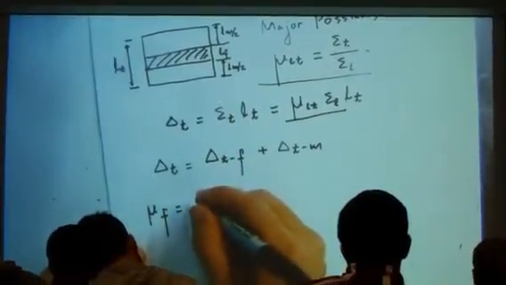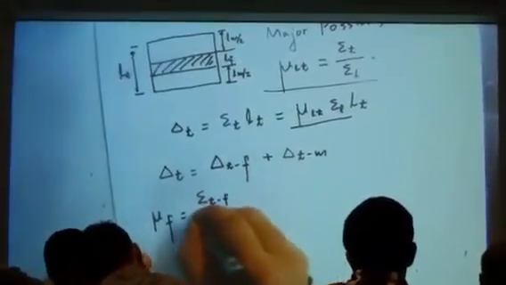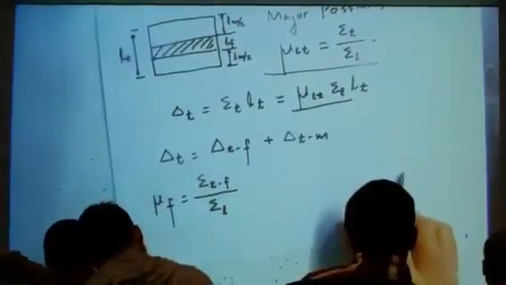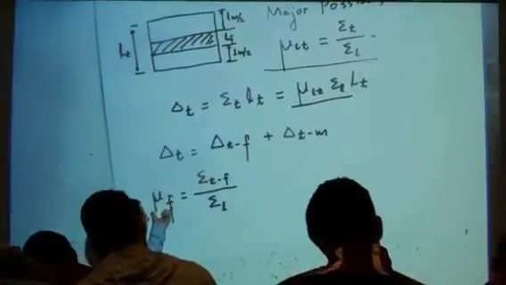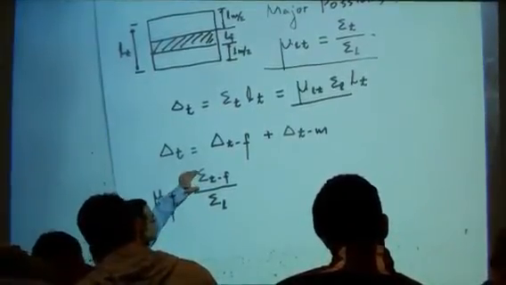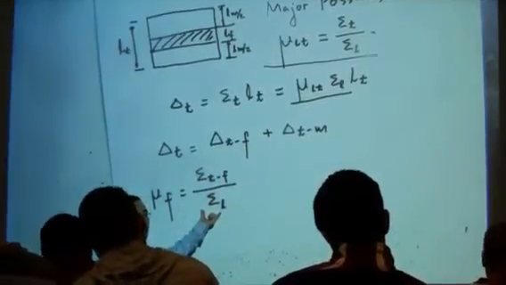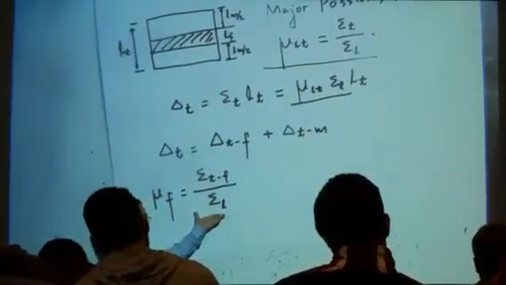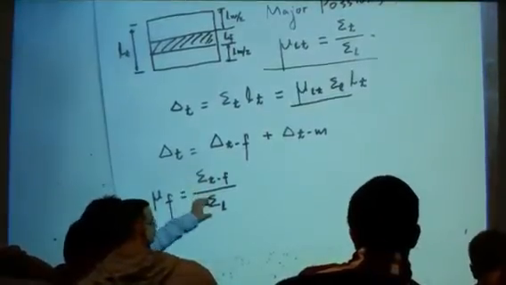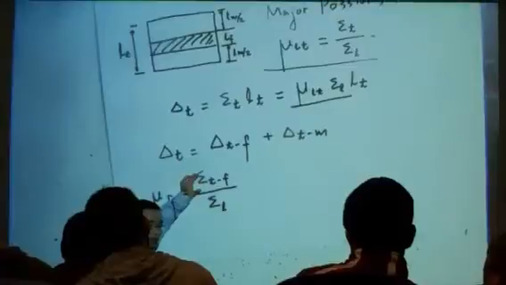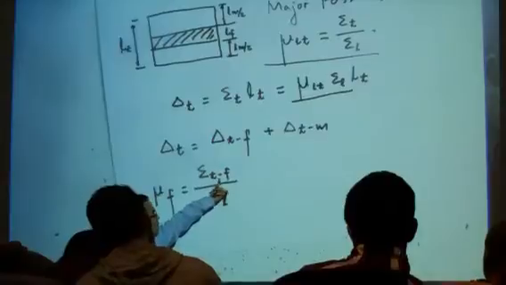By definition, the Poisson's ratio of the filament is equal to epsilon T F divided by epsilon L. By definition, the Poisson's ratio of the filaments should be the reduction of the filaments along the transverse direction divided by the elongation along the longitudinal direction. Right? From here to here, you need to understand. By definition, this is the definition. Poisson's ratio of the filaments is equal to reduction divided by the elongation. But this reduction is the reduction of the filament only, delta T F. Okay?